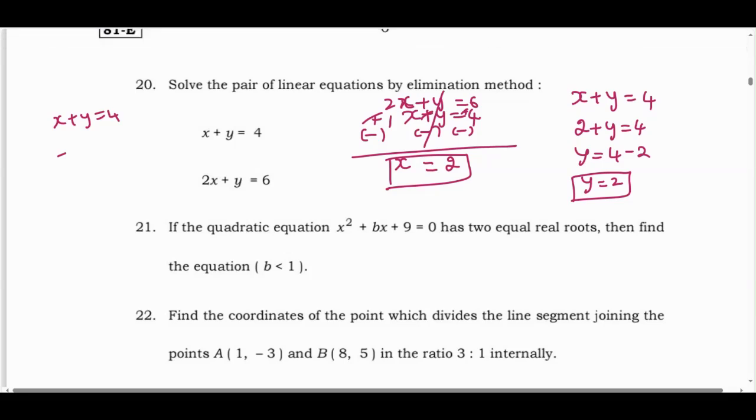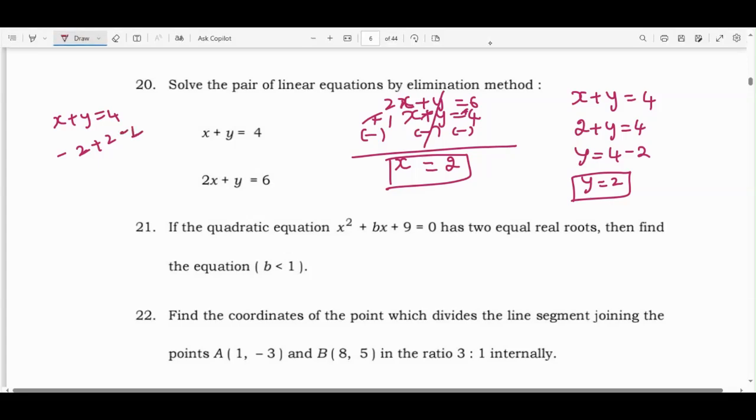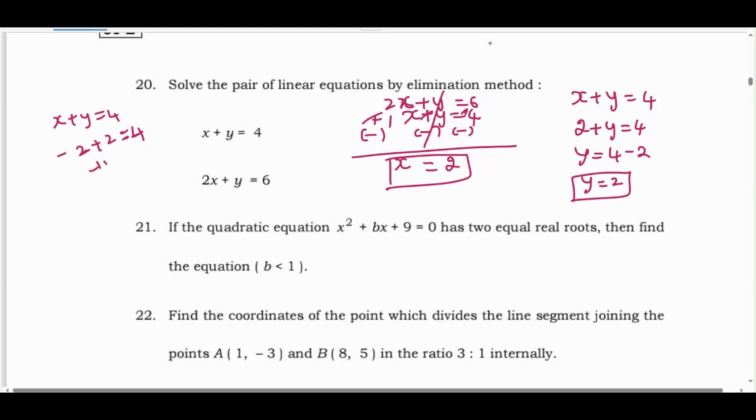So 2 plus 2 is 4. That means LHS is equal to RHS. Your answers are correct. LHS is equal to RHS. Hence it is verified.